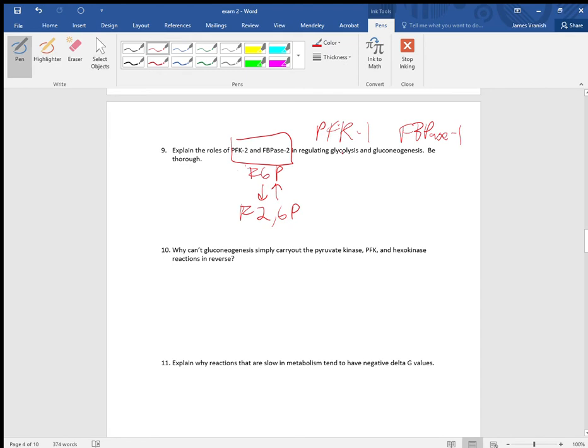Now, these guys over here, the PFK1 and FBPase1, they're the enzymes in glycolysis, and they're going from fructose 6-phosphate to fructose 1,6-bisphosphate. All right, so this part here is in glycolysis.